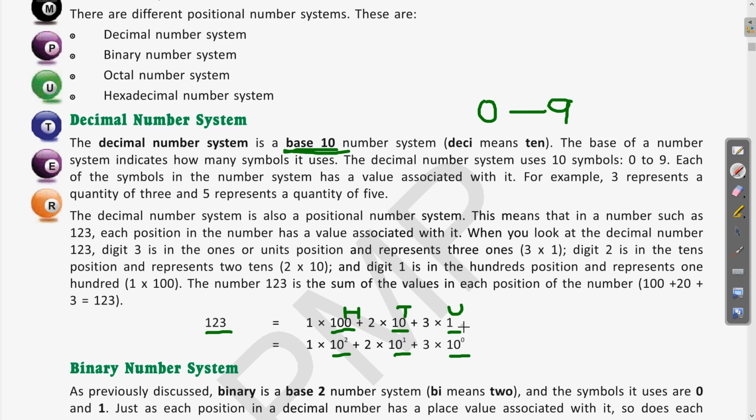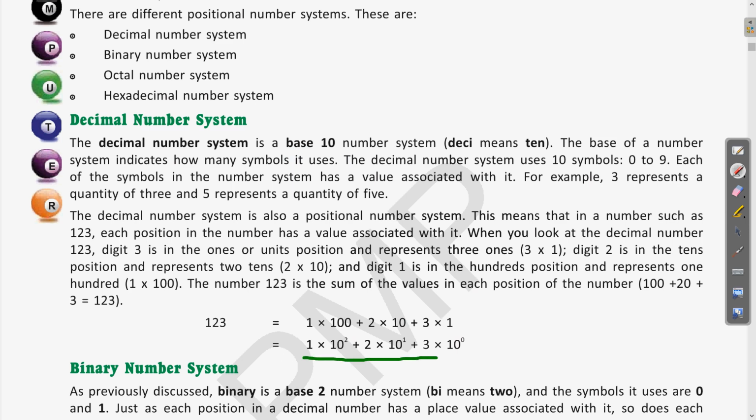How can we denote 1? 10 to the power 0, since any number raised to the power 0 is 1. Then 10 can be written as 10 to the power 1, and 100 as 10 to the power 2. Clear? This way the same number is written in terms of powers of 10, and when you calculate, it will again come to the same number.